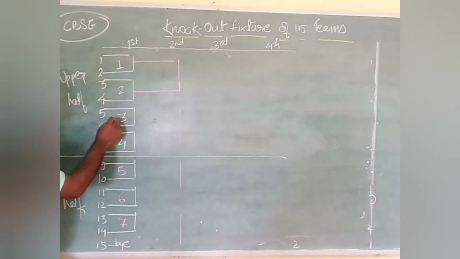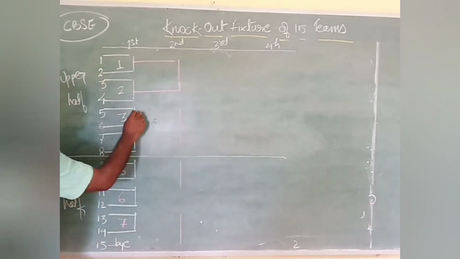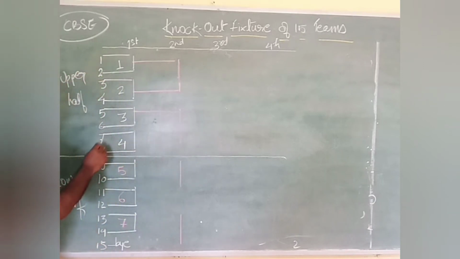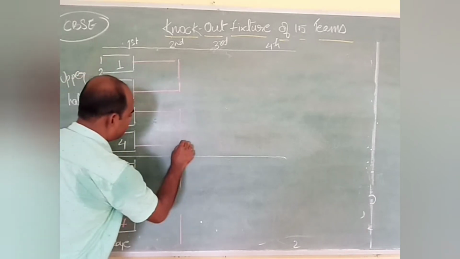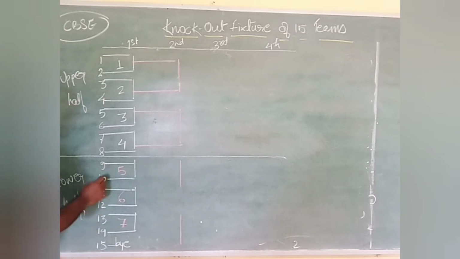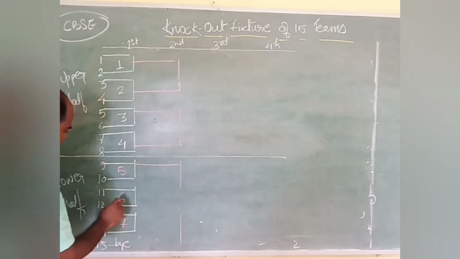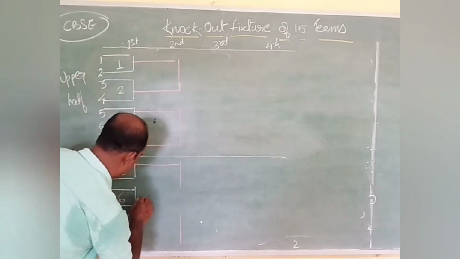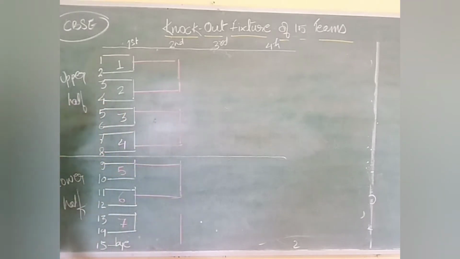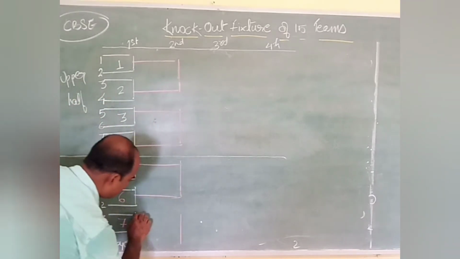Then the winner of 5 and 6, the winner of 7 and 8, the winner of 9 and 10, the winner of 11 and 12, and the winner of 13 and 14 go to the next round.